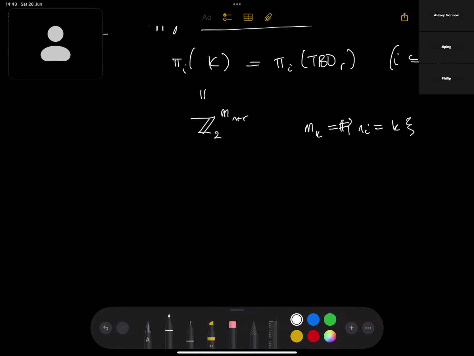Now what I'm going to show is that actually M_{n+r} is only dependent on n.